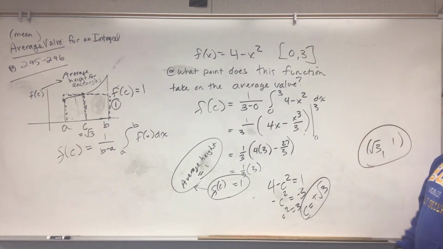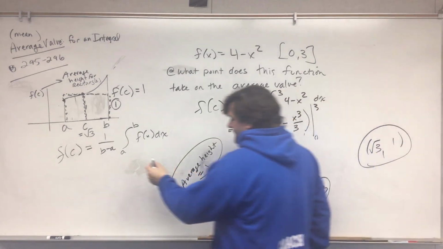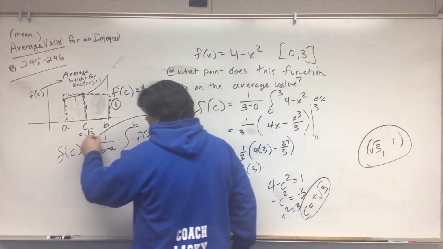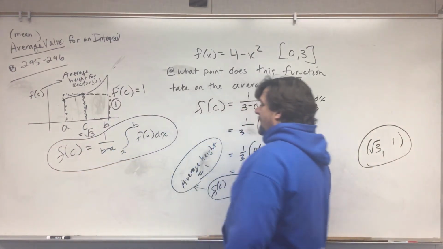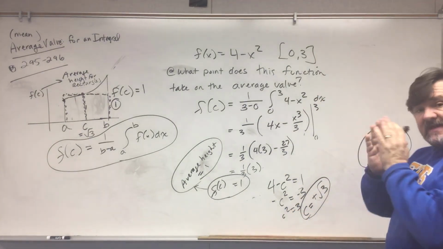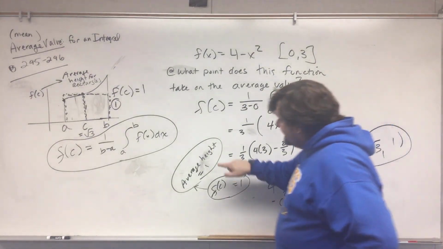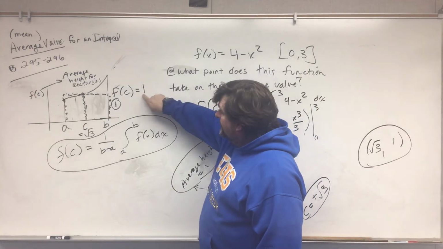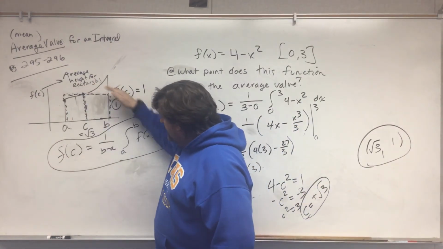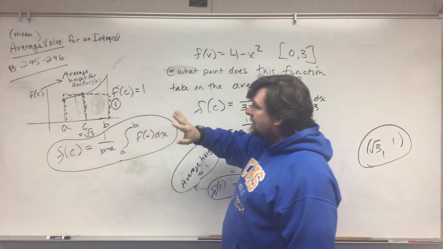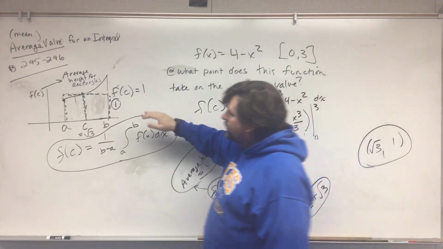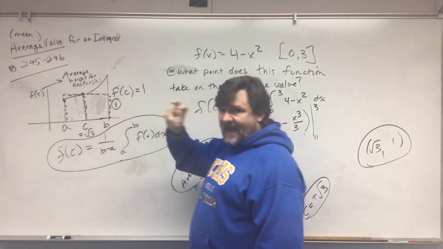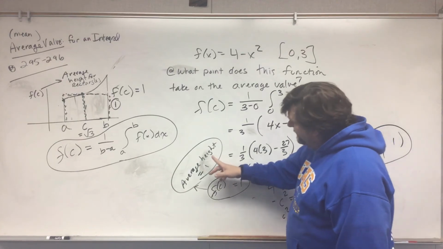That's how we deal with the average value, guys. We use this formula right here and find the average value. Remember, the average value is the average height of one big imaginary rectangle.